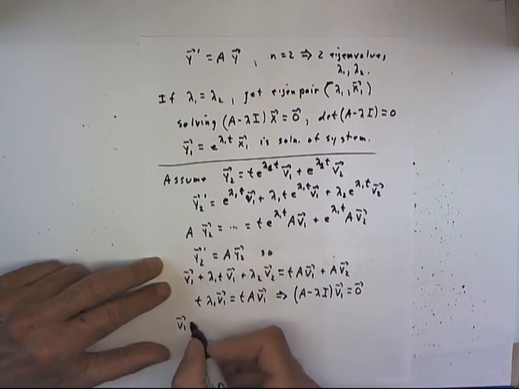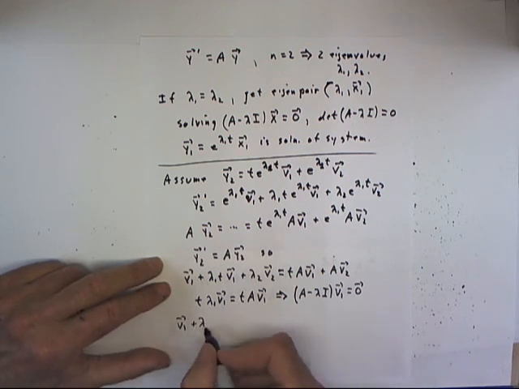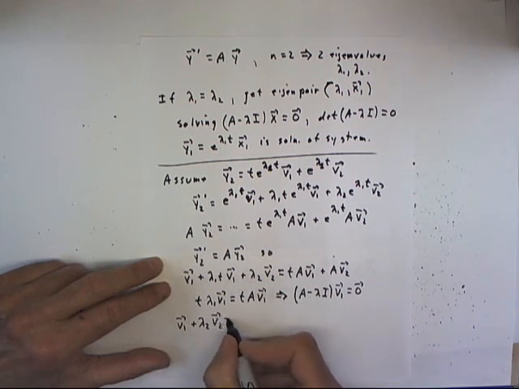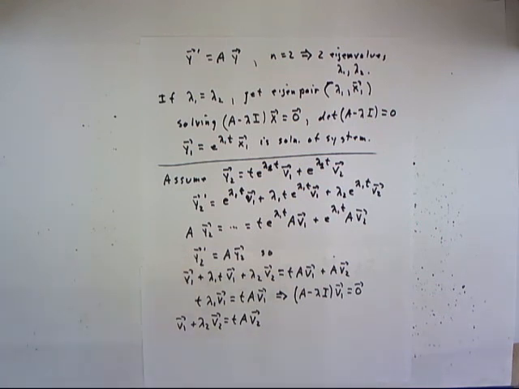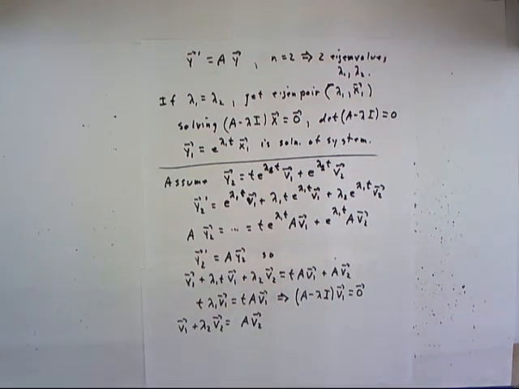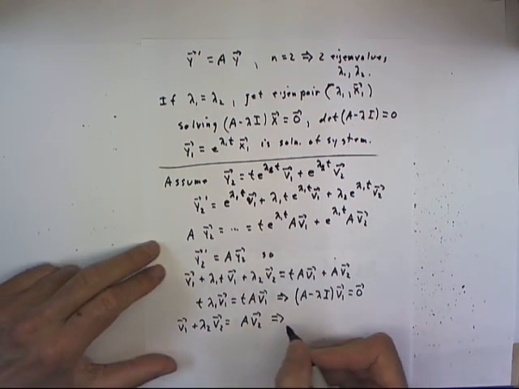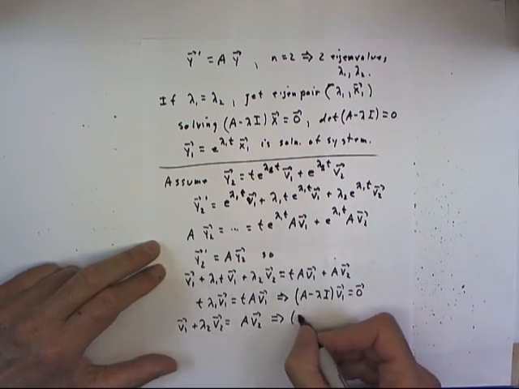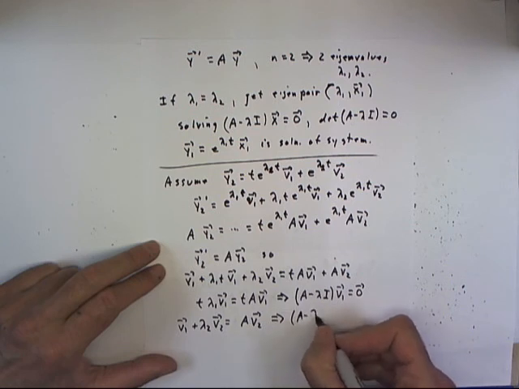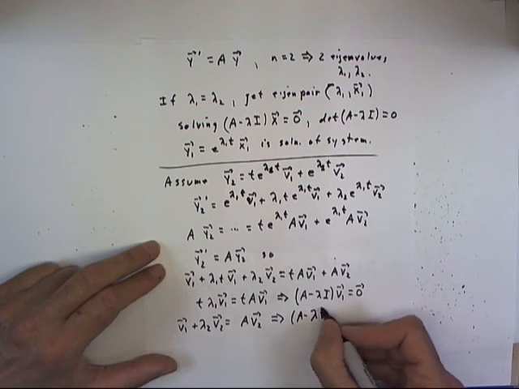And then what's left without the coefficient t, we'll write it out in the order it appears, is v1 plus lambda 1 v2 equals A v2. This equation rearranges, bringing the v2 terms onto one side.